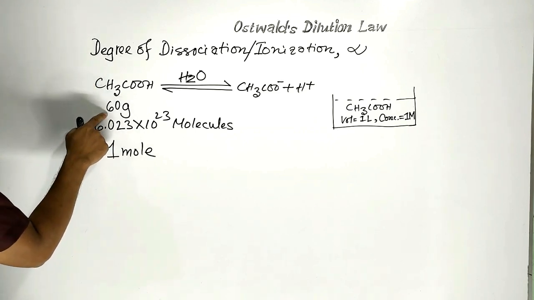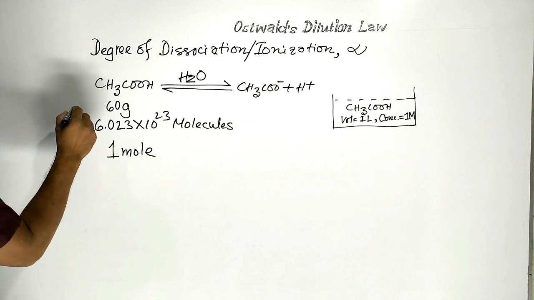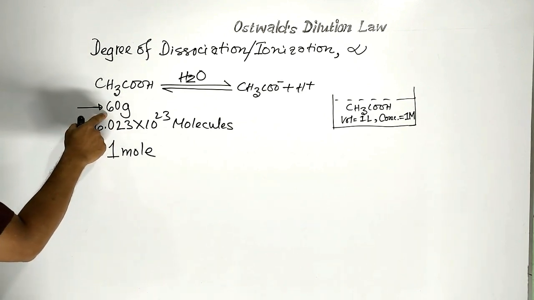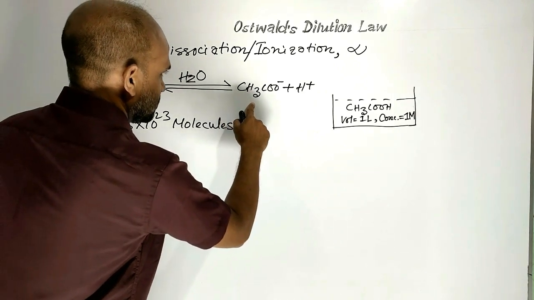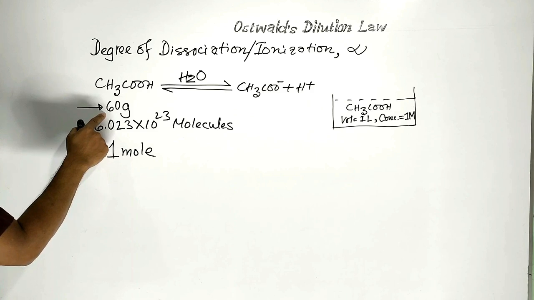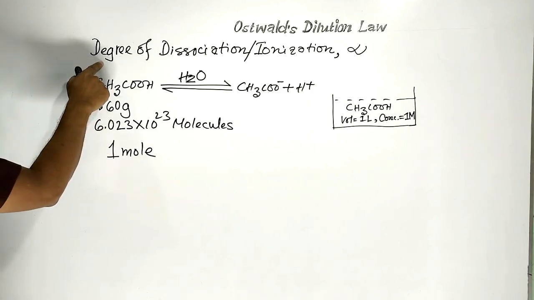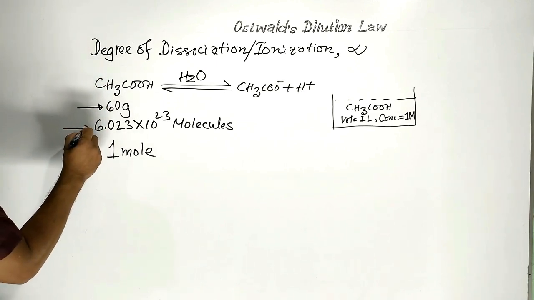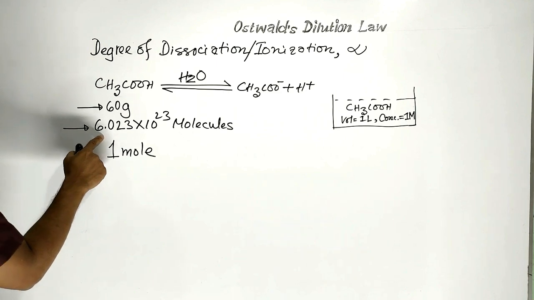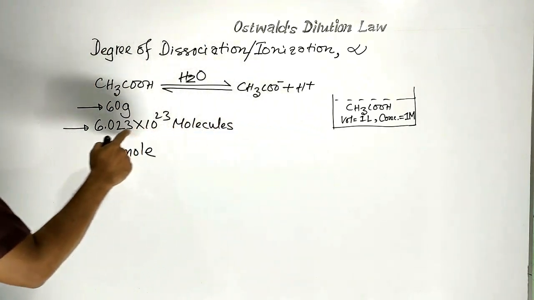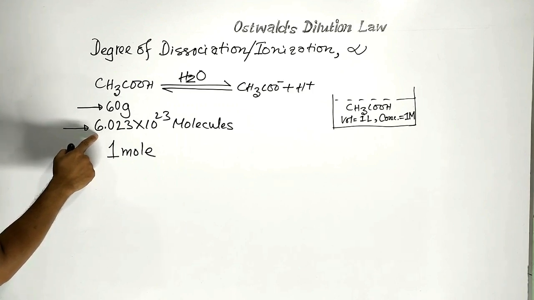The amount of acetic acid from 60 gram that ionizes to acetate ion and proton, that amount from 60 gram is known as degree of dissociation. Again, here acetic acid, this Avogadro's number of molecules present here. Then, what is the degree of dissociation?